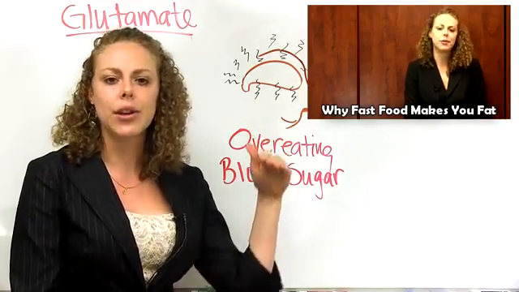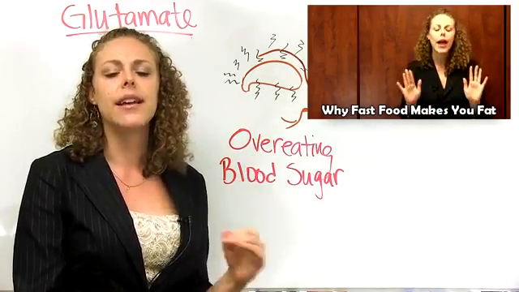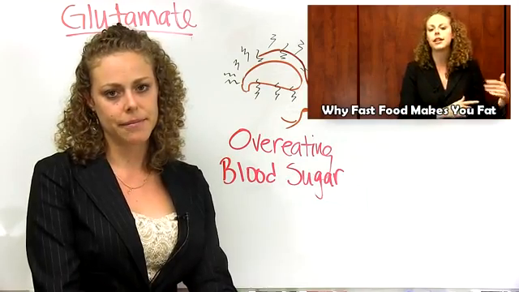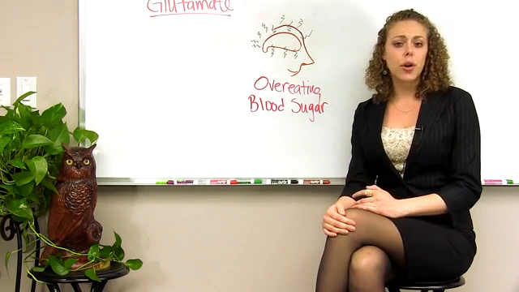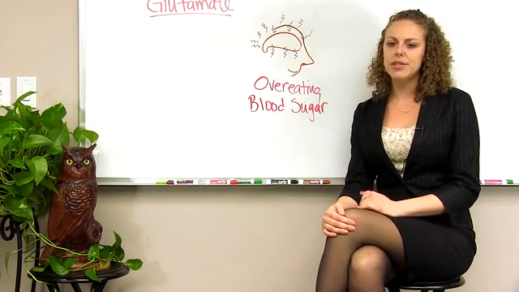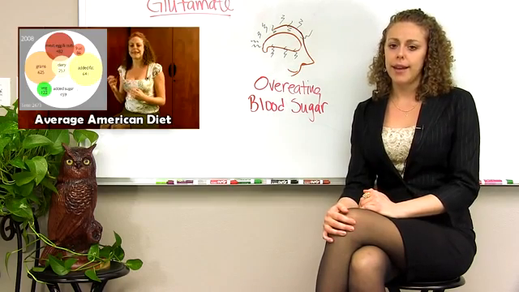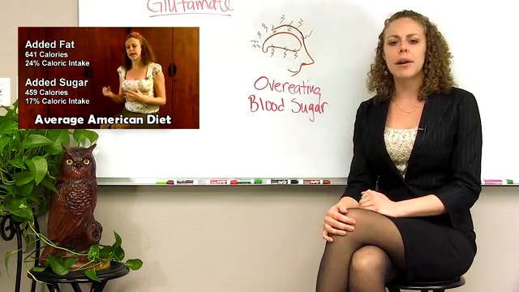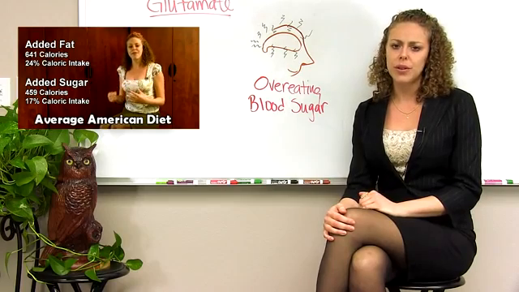Continuously spiking your blood sugar and causing these intense insulin responses can also lead to type 2 diabetes. More than 500 scientific studies have shown that mice given MSG will become obese and diabetic. And here we sit in the United States with 7 out of 10 Americans overweight and the highest obesity rates in the world.